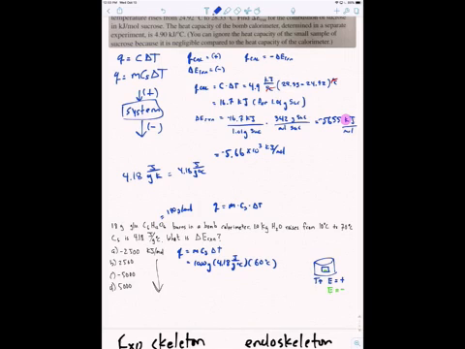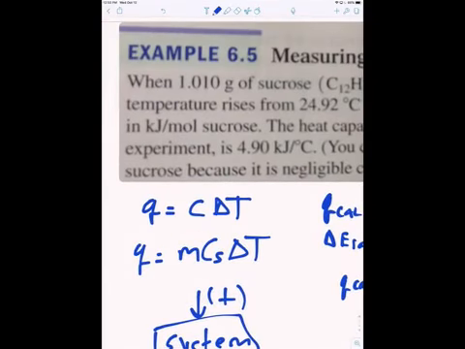So there are two forms of the equation. There's the heat capacity times the change in temperature, and heat is also mass times specific heat capacity times the change in temperature.